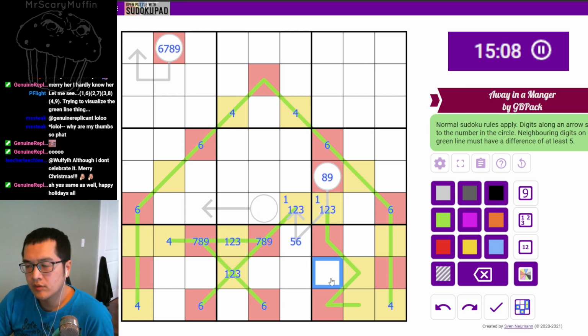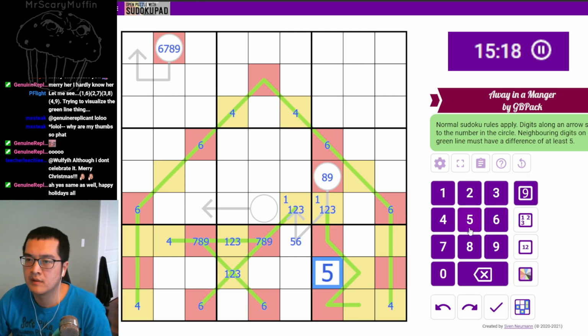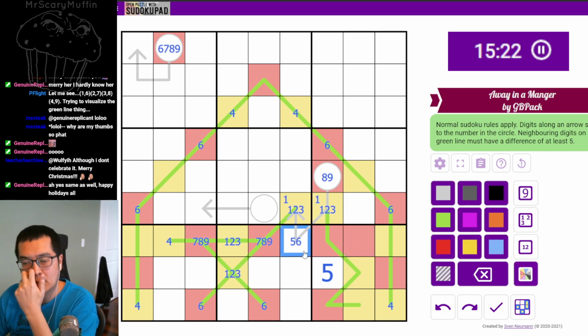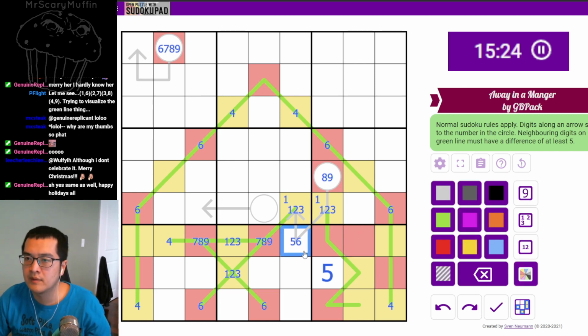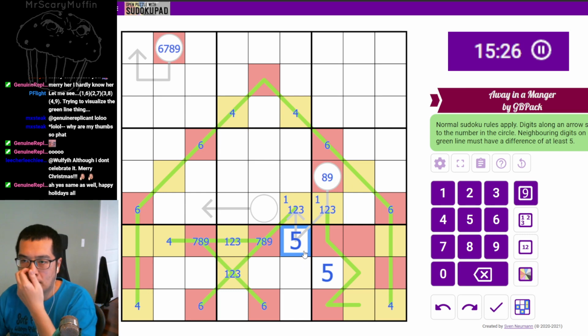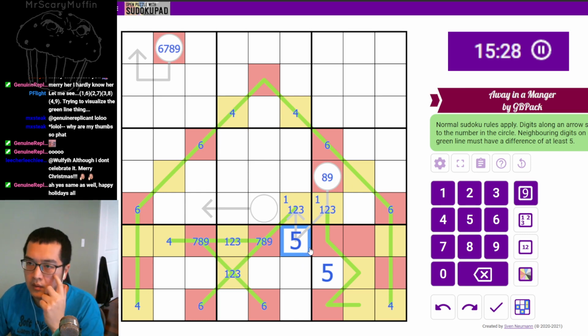Oh wait, all our yellows are already placed, so this can't be a yellow. And all our reds are placed on this line. This must be the 5. So we can punch in 5 here. And then therefore this is our remaining red, which means this can't be a red, so this is our 5. Which doesn't help us here, but we got a red. And now we have 1, 2, 3, 4.